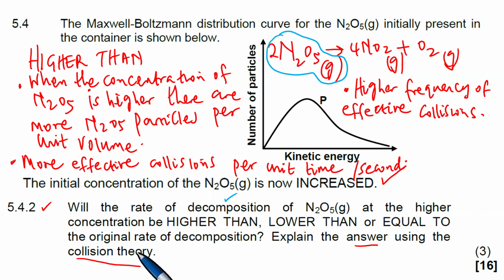Explain your answer using collision theory. We said the rate is going to be higher than. Why? Higher than will be a mark in the exam. When the concentration of N2O5 is higher, there are more N2O5 particles per unit volume.